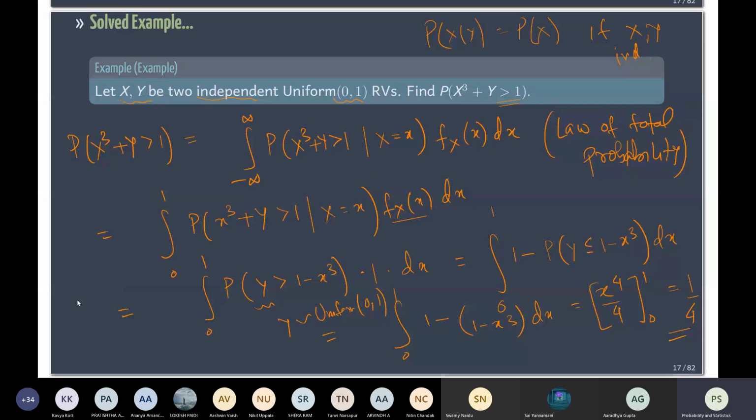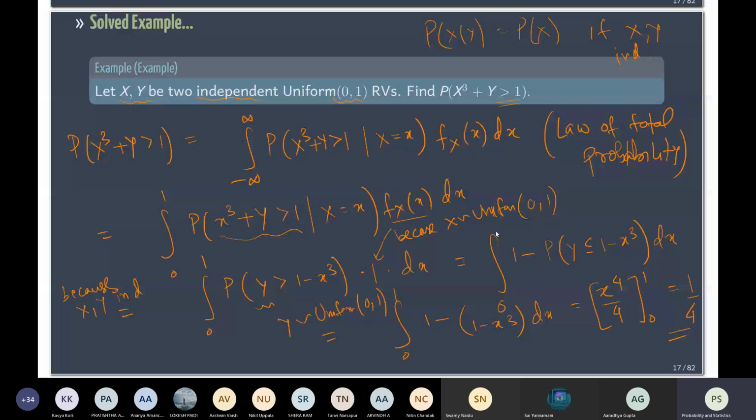Because x, y are independent, I got rid of this, and then I have just y greater than 1 minus x cube from here, and then this was just 1 because x is uniform, 0 to 1.